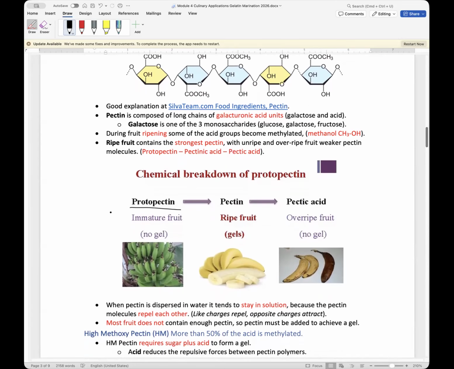Protopectin does not gel. As the fruit ripens and reaches its optimum level, we end up with pectin, right? And if the fruit is overripe, we get pectic acid, and the overripe fruit will not gel. So only ripe fruit will gel.